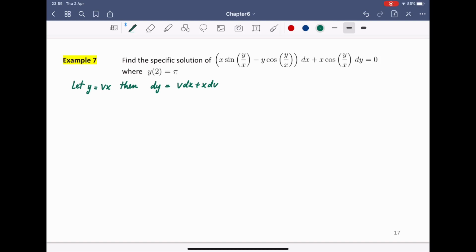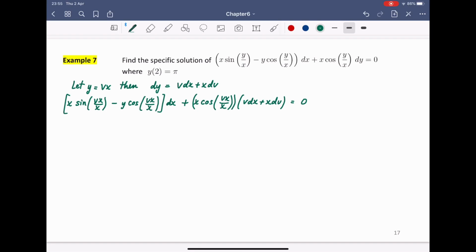And then now you substitute back into the original equation. So you have x times sine vx over x minus y times cosine vx over x. And then everything multiply dx, and then plus x cosine vx over x, and then multiply v dx plus x dv.